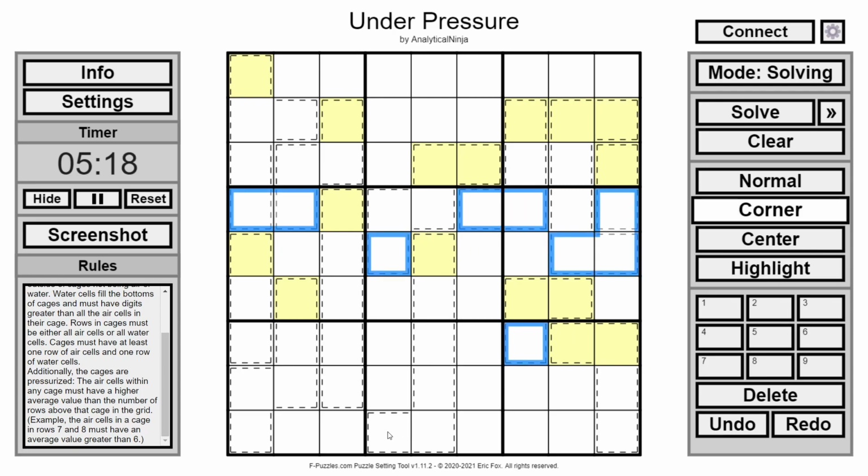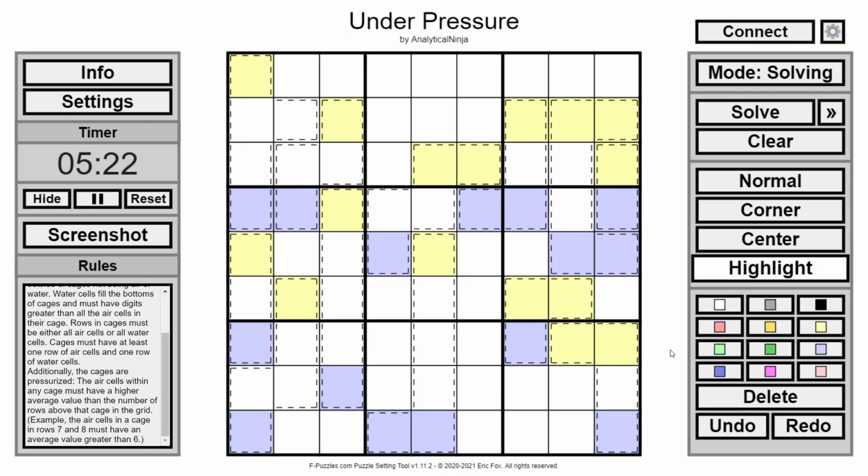So let's make sure we get that in. Okay, I think that's all of them. So I guess we know the distribution.